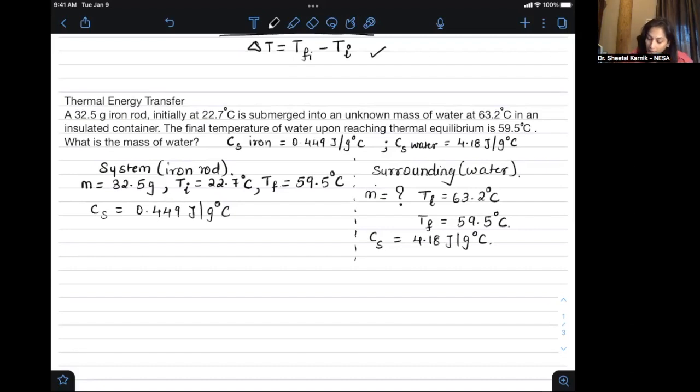So first, let's just calculate the Q of the system. Q system is equal to mass times specific heat capacity times delta T. I'm going to plug in the values. This is 32.5 grams. Pay attention to the units. Times specific heat capacity, which is joules per gram degree Celsius, so I want to make sure that all the other units are also in grams and degree Celsius. So here it is 0.449.